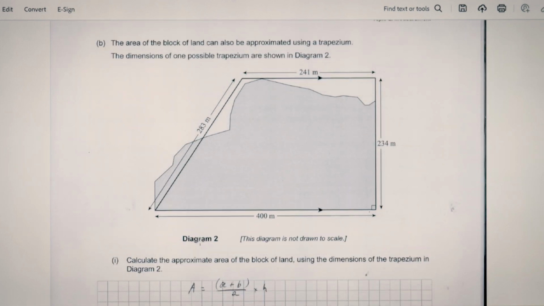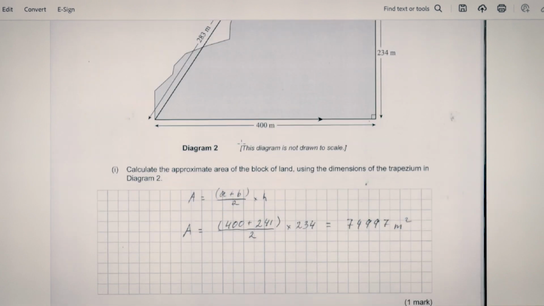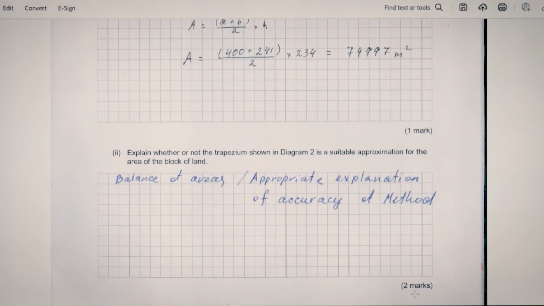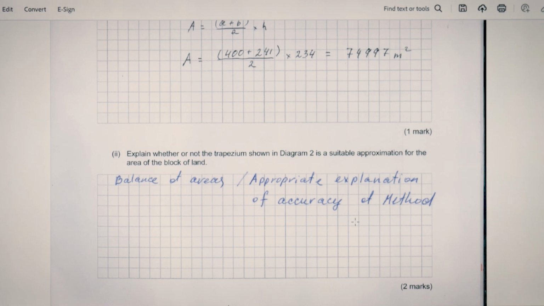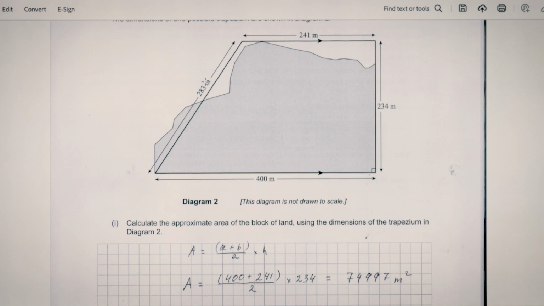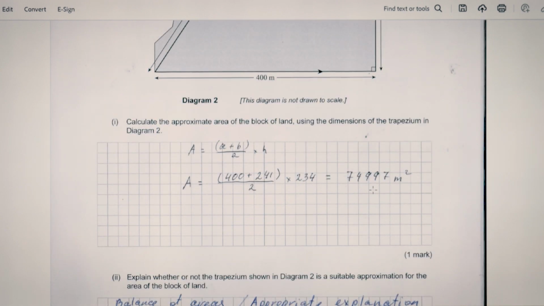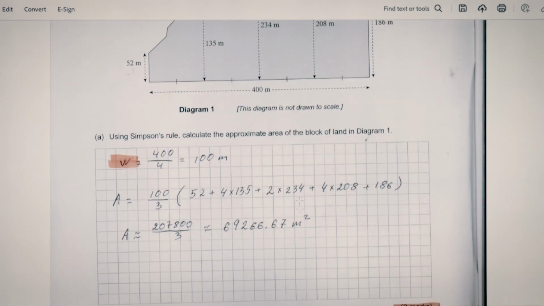But if the student says it's approximately correct and gives a better explanation, normally we look for 2 marks, yes or no, and we want them to explain it. In this case, as I say, the area is very visible, so the answer is no. But some students were also comparing this area and the area from the Simpson rule, saying there's a big difference, so it's not suitable, which is a correct answer as well.